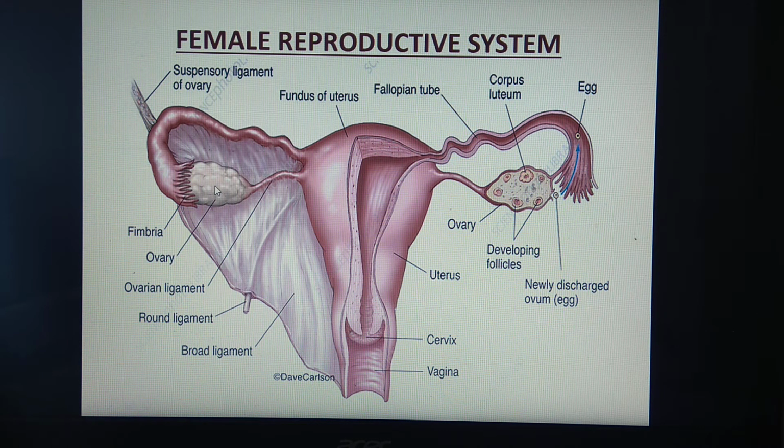Then this ovary, this fallopian tube also called oviduct, this complete uterus, is attached to the dorsal body wall. What is the dorsal body wall? That means towards the back side. So the complete system is attached to the dorsal body wall with the help of this ligament, which is the largest of all, called the broad ligament.